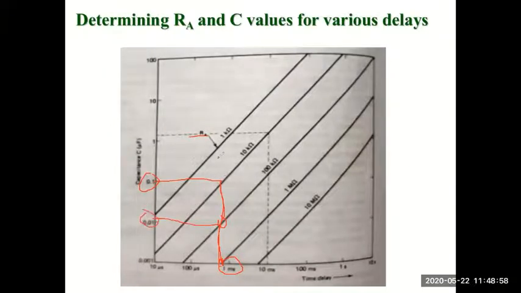If you want to use a 1 kilo ohm resistor, the corresponding capacitor will be 1 microfarad, and so on. So from these curves, you can easily compute the resistance and capacitance values you should use to get the required timing delays. Okay. So that's one thing.